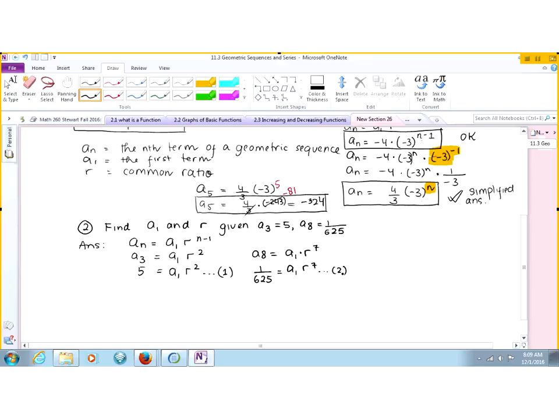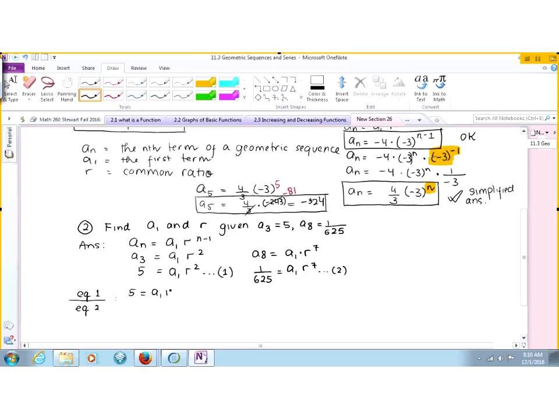All right. Okay. Now, how are we going to solve something like this? We will divide, actually. Division? Okay. So what we will do is divide, well, we have to get rid of A1. So what we will do is divide equation 1 by equation 2.